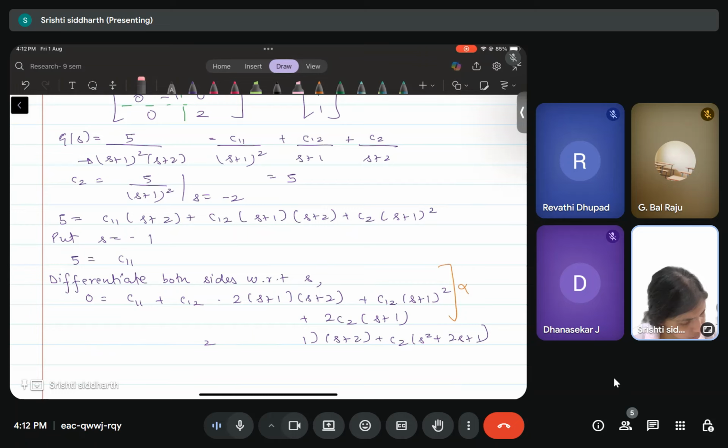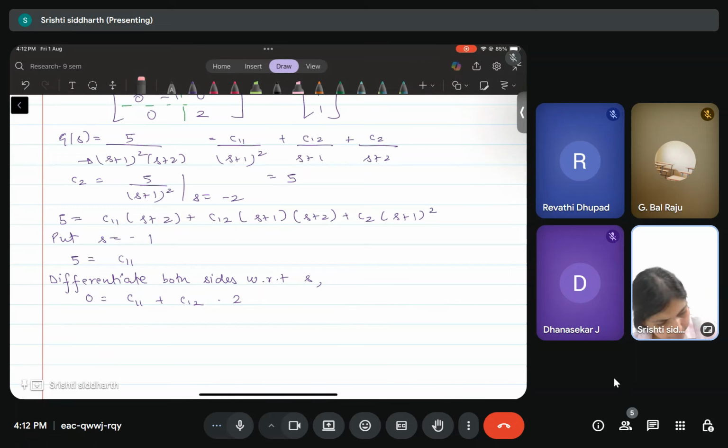So let's check if we can do it by differentiating this. So x plus s plus 2 and x plus 1. It's going to be c12 times x plus 2 plus c12 is plus 1 plus 2c2 is plus 1.